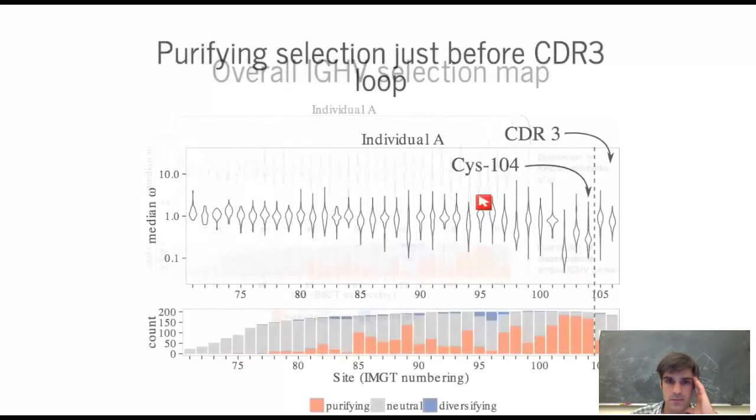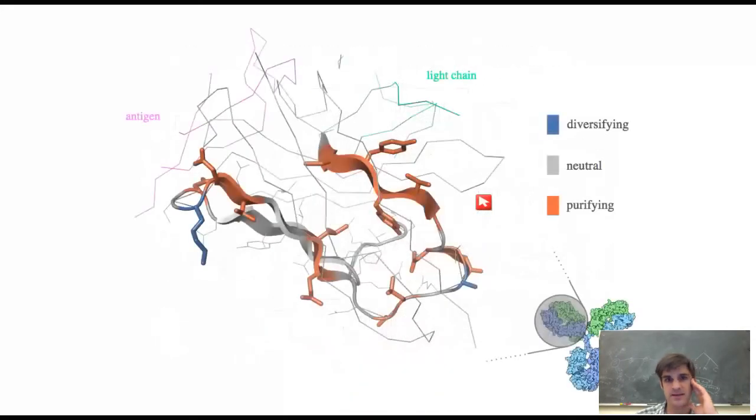You can map this onto a sequence. Here is a blow-up of an antibody. An antibody looks like this. If we magnify this part, we're mostly looking at this blue segment, this part of the heavy chain. There's a little green stick figure representing the green light chain. The residue we were looking at just now is right here.